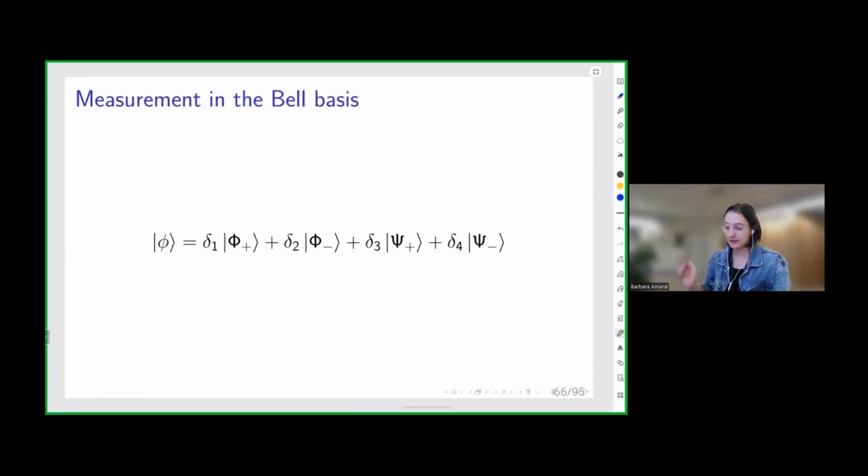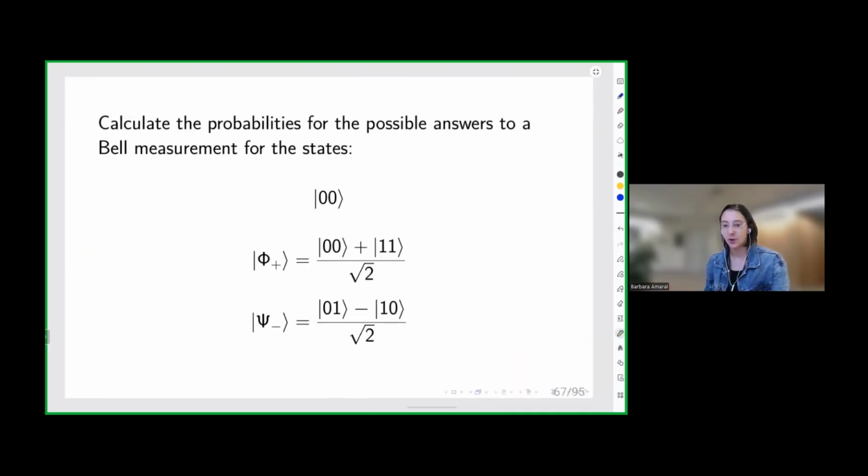Okay, so again, to compute the probabilities, I have to write my state of 2 qubits in these phases. And again, we can do this homework here. And this is simple because here I will have the outcome corresponding to psi plus equal to 1. Here I'll just label the outcomes by the label that I use for the vectors.